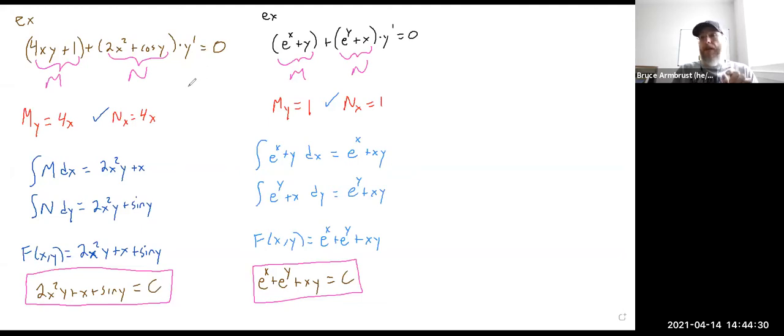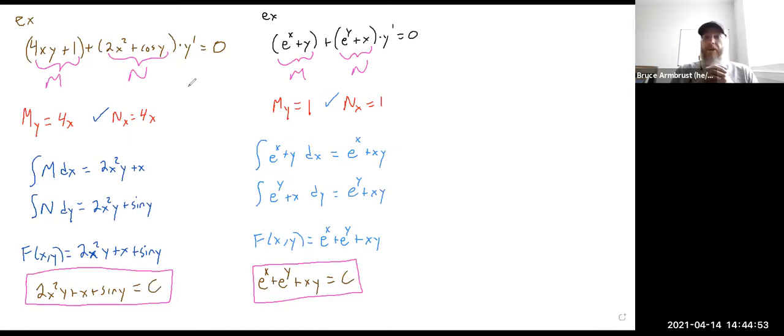So if you want another justification for solving differential equations, it was given a vector field, find the potential function. Or given a conservative vector field, find the potential function. You were solving differential equations back then. We just didn't tell you that.